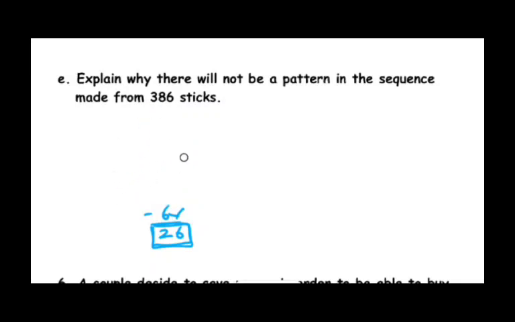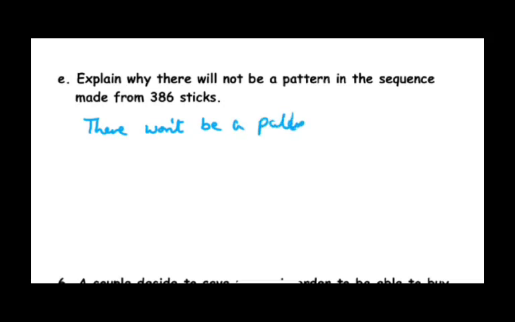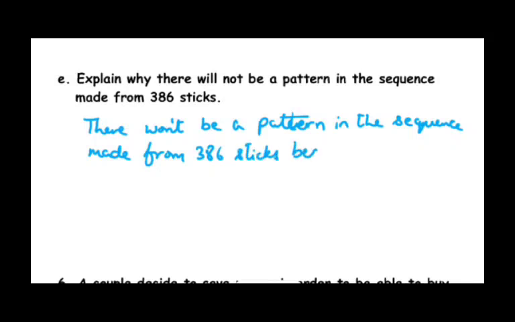Hence, what should our explanation be? There won't be a pattern in the sequence made from 386 sticks because 386 is not divisible by 3.